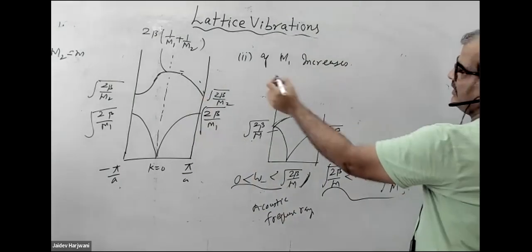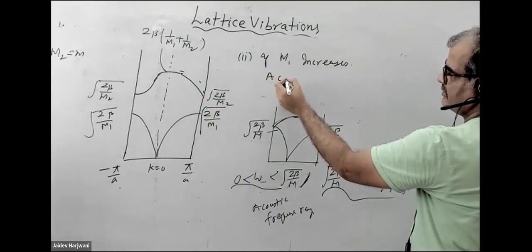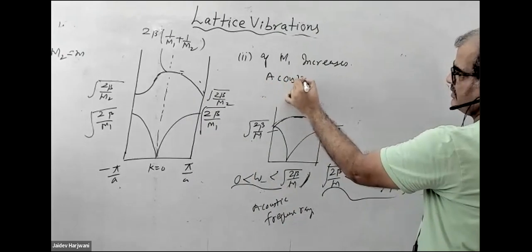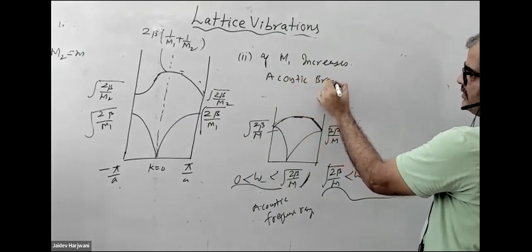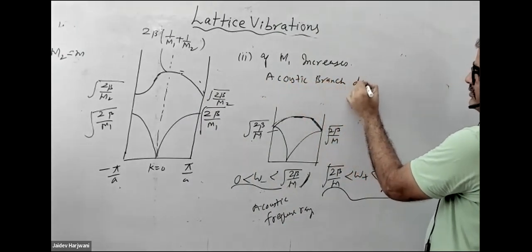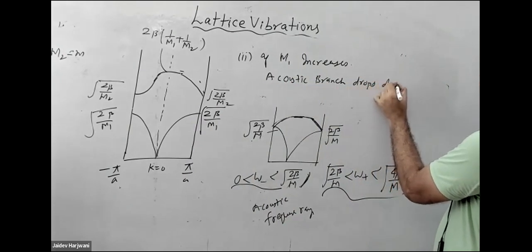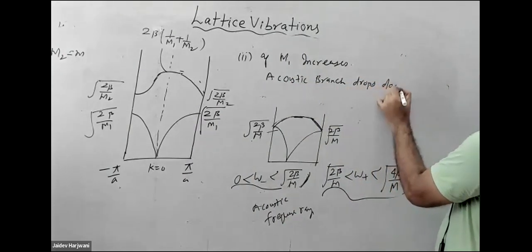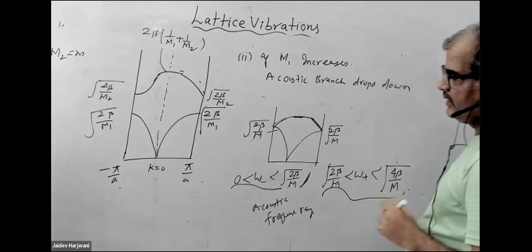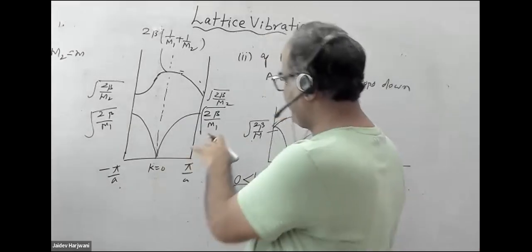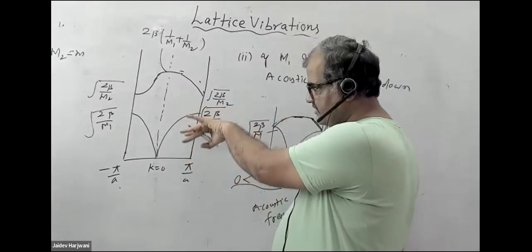Your acoustic branch drops down. Okay, moves down. If m1 is increasing, this branch will go down.